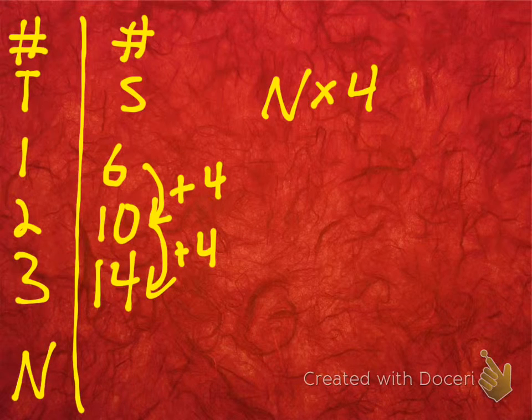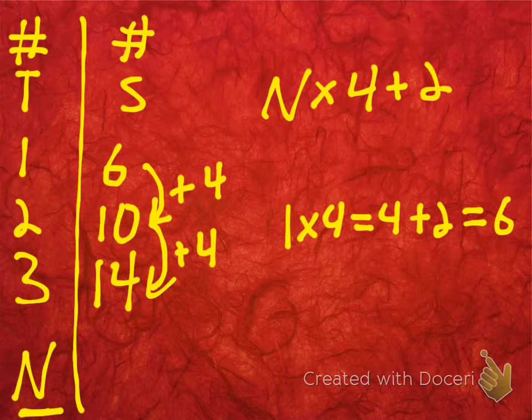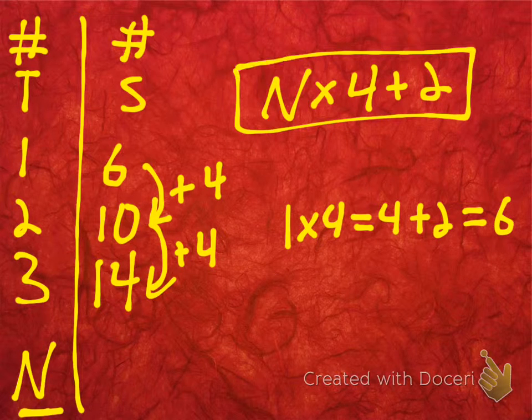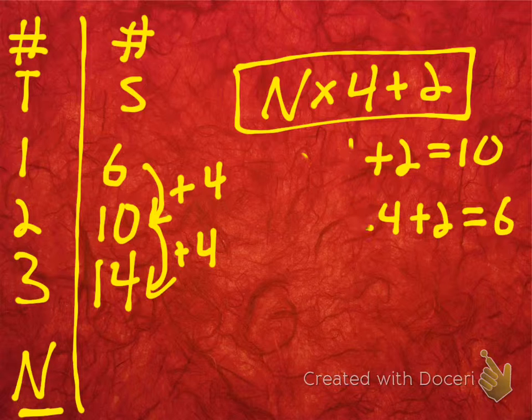Now when my n is 1, how many seats should I have? If I said 1 times 4, I'm going to get 4. Plus 2 will give me that 6. So here's my rule. If we wanted to test it, when n is 2, 2 times 4 is 8, plus 2 is 10. Right there. Now we have a rule.